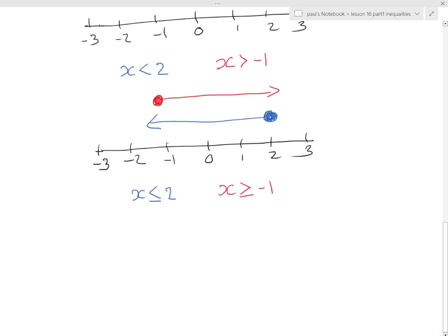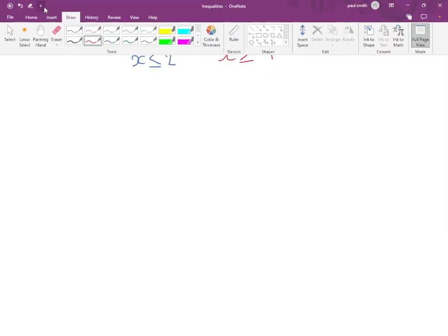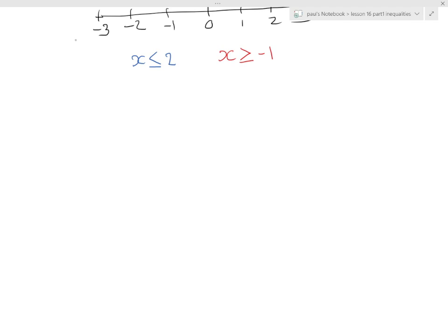Right, so what were we doing such a long time ago? We were doing grouped frequency tables where we were measuring people's height. And we have x for the person's height, and we had sort of 1.2 meters to 1.4 meters.